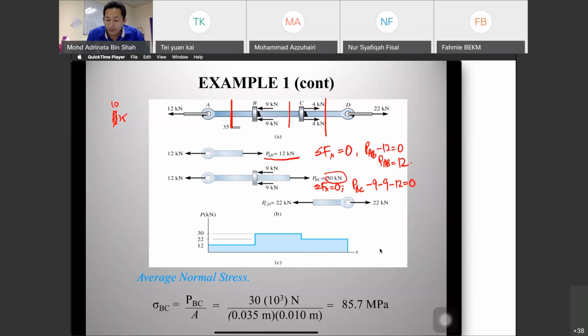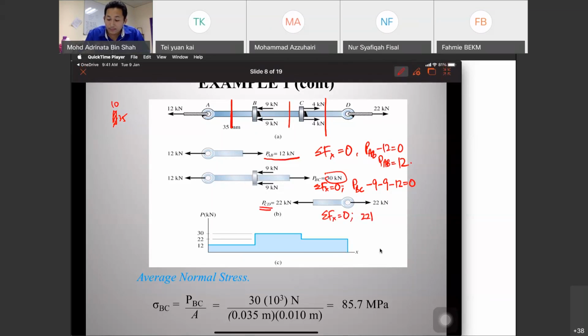Okay. Finally, we have PCD. Okay, kita potong PCD. Sigma Fx equals to 0. 22 kilonewton. Sorry. Just 22 je. 22 minus PCD equals to 0. PCD is equals to 22 kilonewton. Okay. So ini dalam static kita dah belajar.